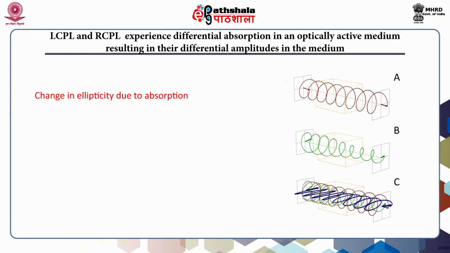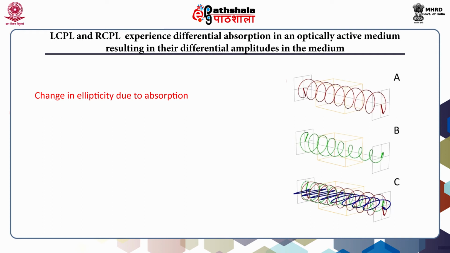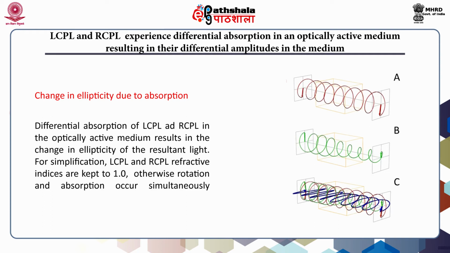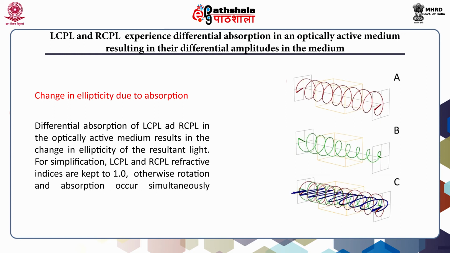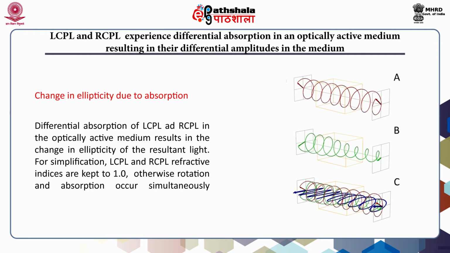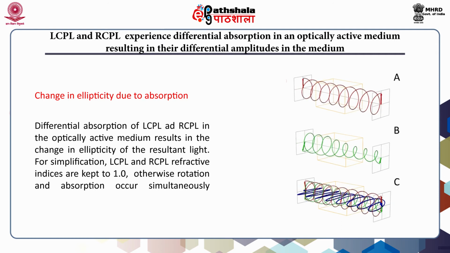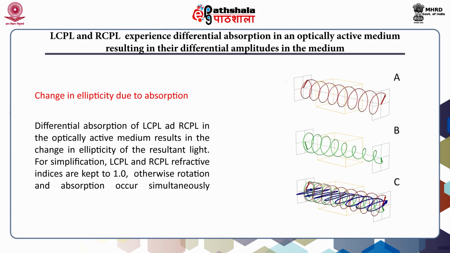What I am trying to show is that the optically active medium is differentially absorbing only the right-handed component of the light, while left-handed is not absorbed. In reality, both can be absorbed, but to varying extents. But here left-handed is not absorbed, but right-handed is absorbed.